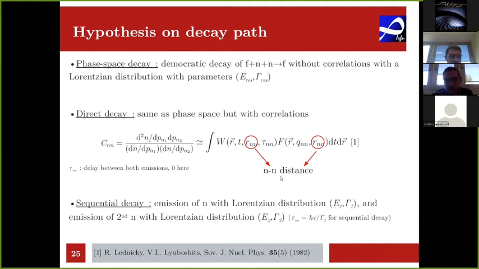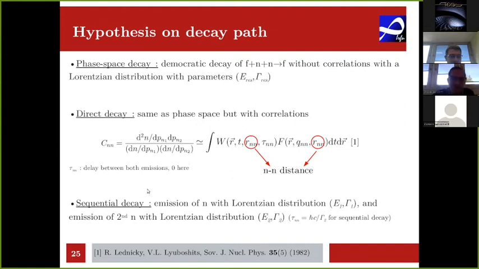And this integral is characterized by this R_nn, which is the neutron-neutron distance. That is the quantity we will fit, and we will try to determine. That will then give us information about neutron-neutron correlation.